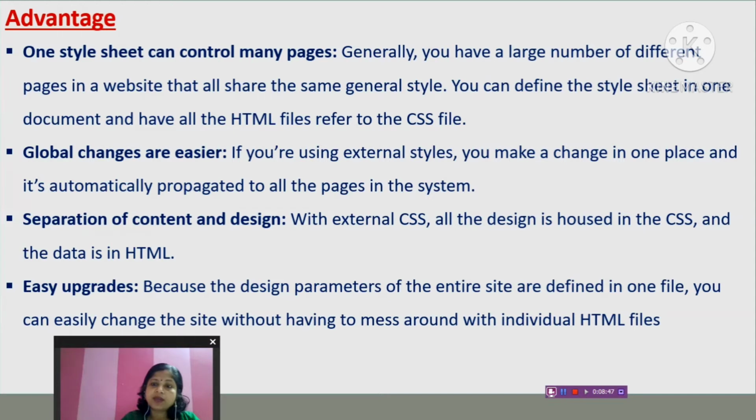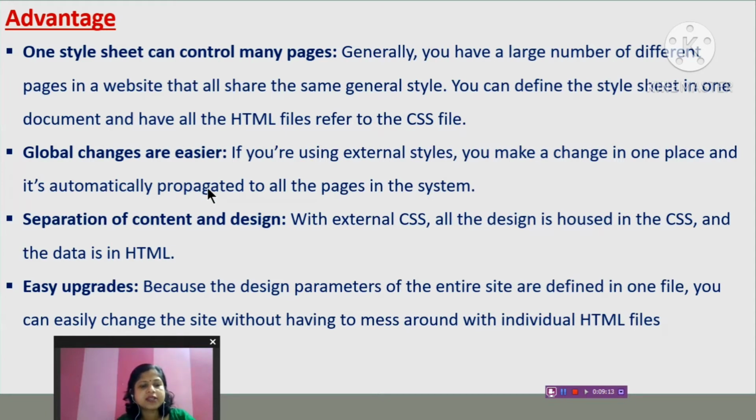You can define the style sheet in one document and have all the HTML files refer to the CSS file. That means if you create a website and you want the look of all the web pages to be the same, then you create one CSS file and link that same CSS file to all the HTML pages.